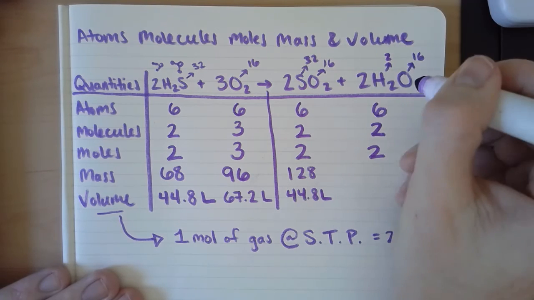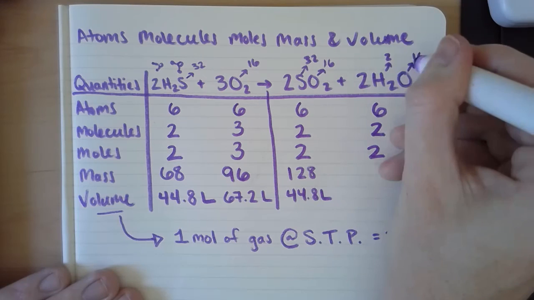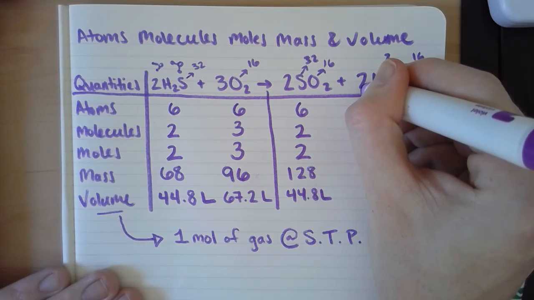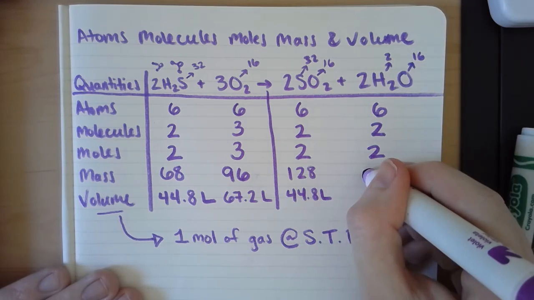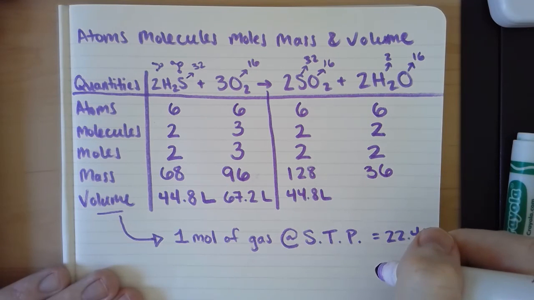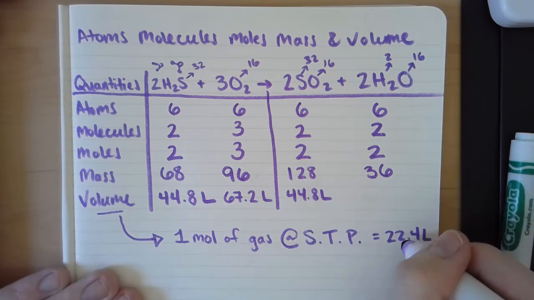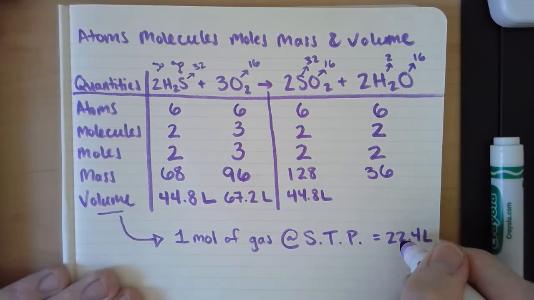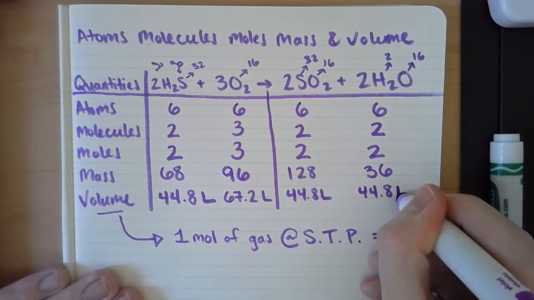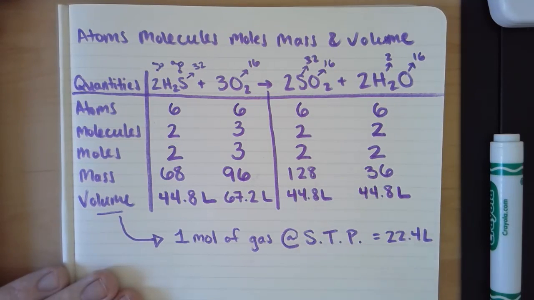We'll just write the 2 instead of 1 times 2. So we have 2 plus 16 is 18. 18 times 2 is going to give us 36. Correct? Correct. And then we have 2 moles of gas, right? So 2 times this number, it's going to give us 44.8 liters.